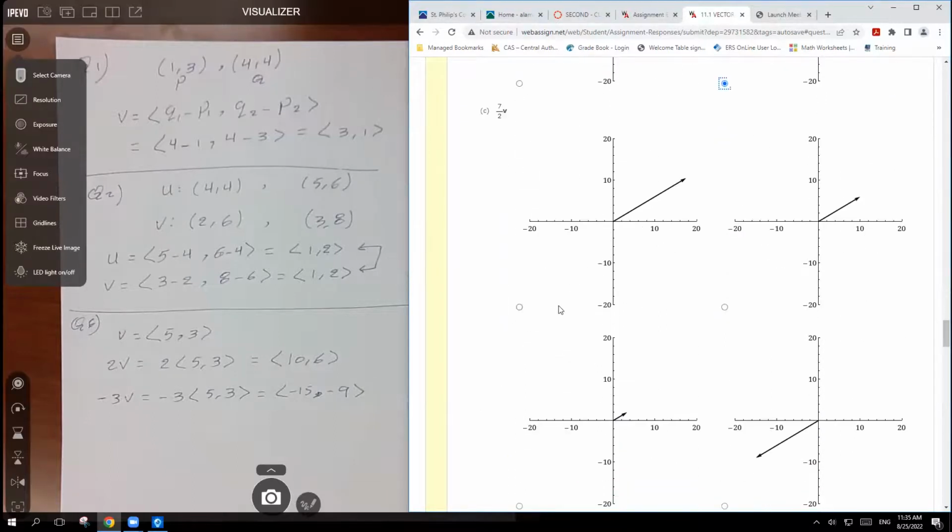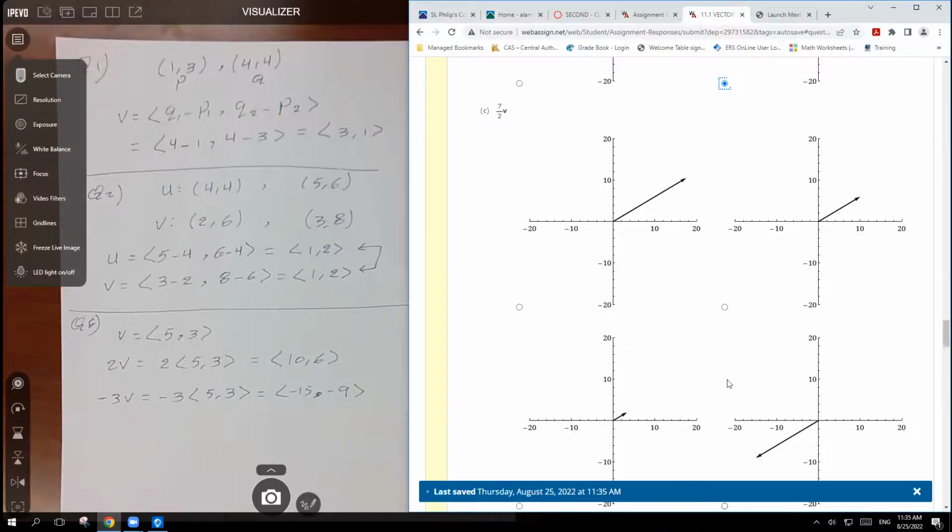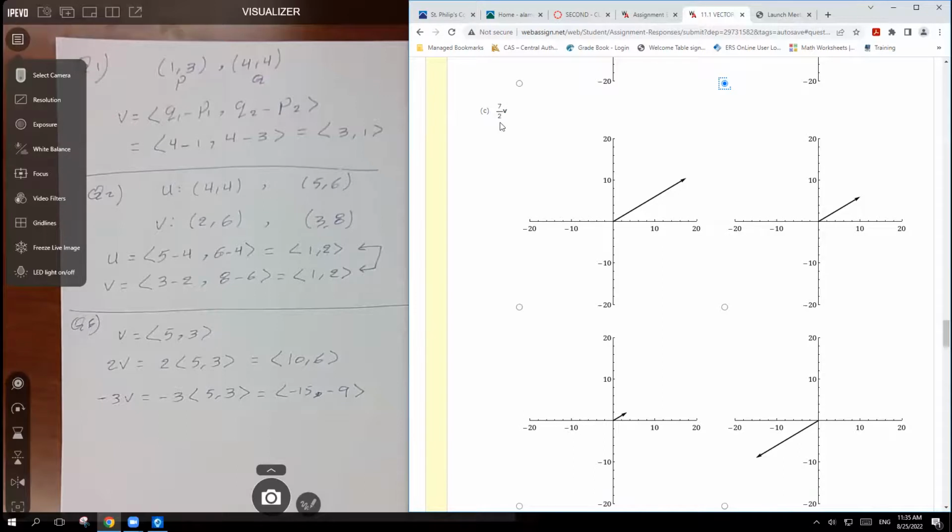7/2, this is a little bit hard, you have to be careful. First of all, you can't choose this one. How much is 7 divided by 2? 6 divided by 2 is 3. 7 divided by 2 is 3.5.